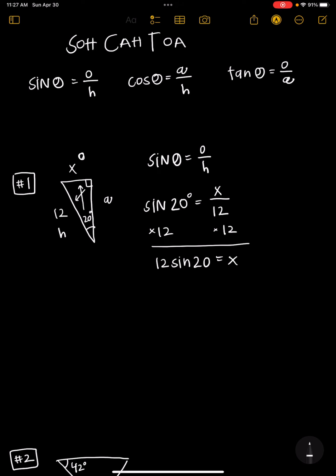Now all we have to do is plug that into a calculator. Let me just grab mine out. So we do 12 times sine of 20, and we end up with x is equal to approximately 4.10. And that's our answer. Sweet.